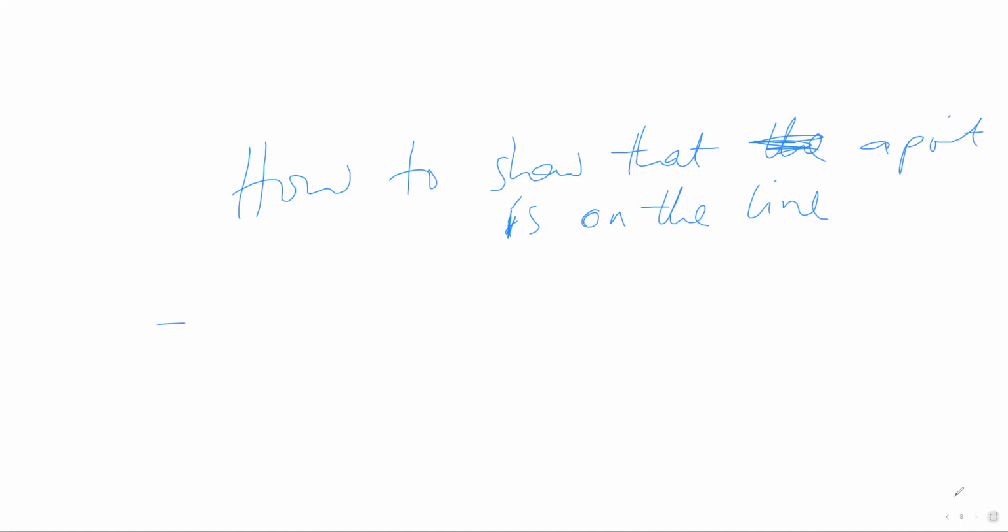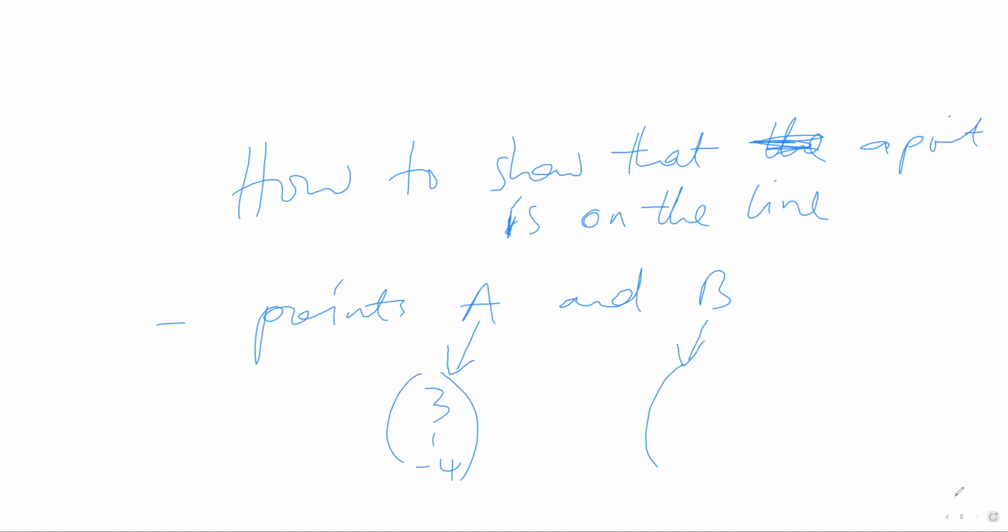There's an example which says that we have 2 points, A and B. Point A is (3, 1, -4) and this one here is B (-2, 5, 0). Now remember, these are position vectors, both of them.